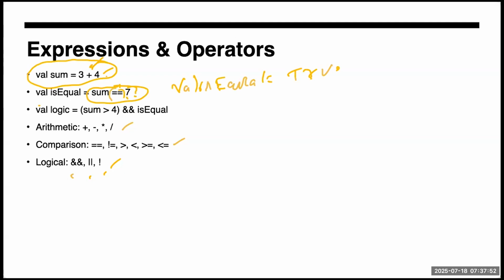This is a comparison operator. It will return you true or false. Wherever you compare, it will return a boolean, either true or false. Let's suppose you write if 3 is greater than or equal to 4, this will return either true or false. It won't return any value.